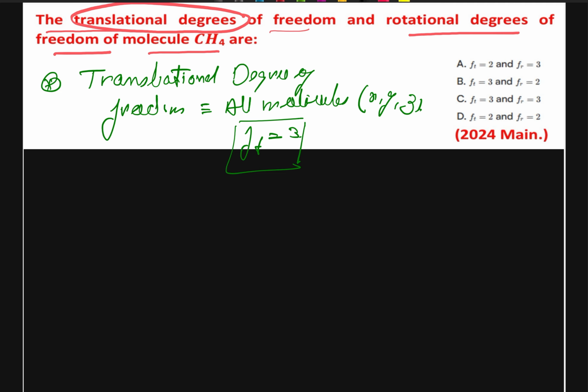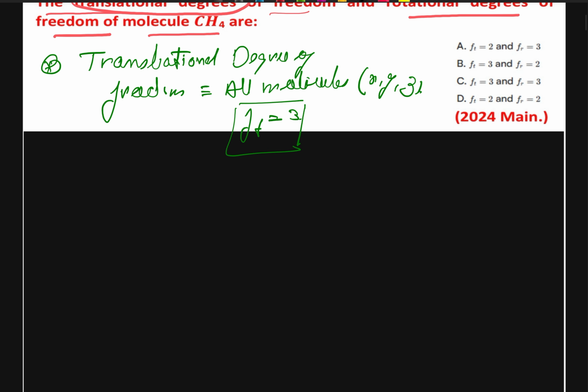And for rotational degrees, because this CH4 is basically a non-linear polyatomic molecule, it is going to have 3 degrees of rotational freedom. Rotational can change depending upon the structure, but translational will always be equal to 3.